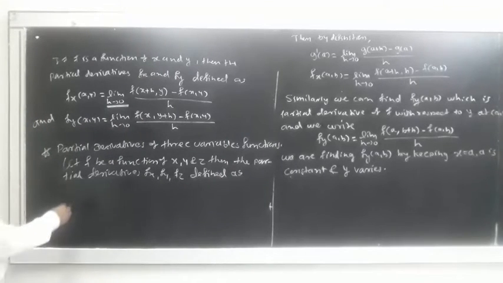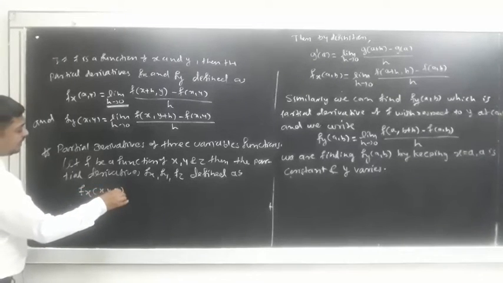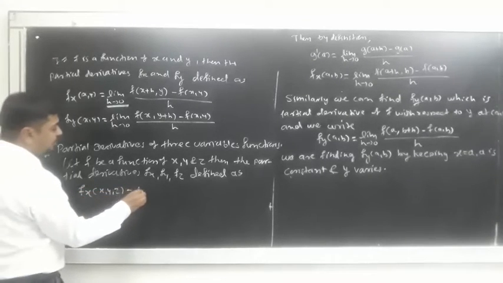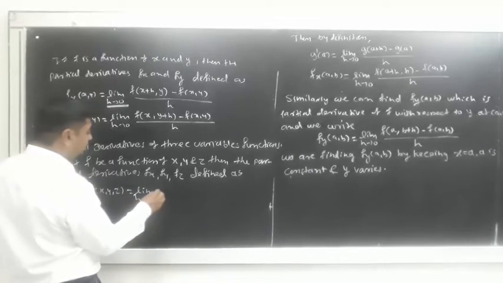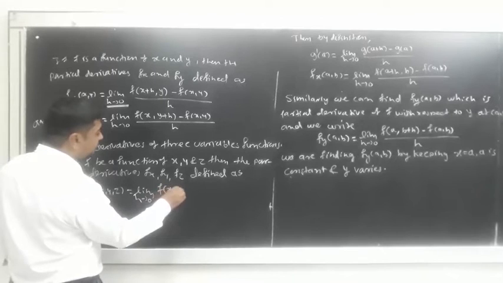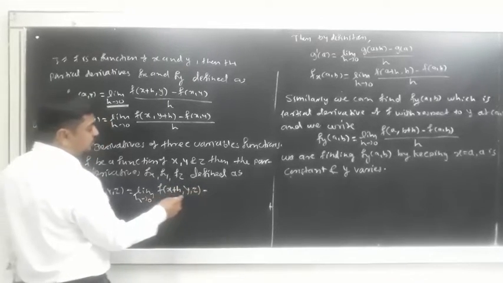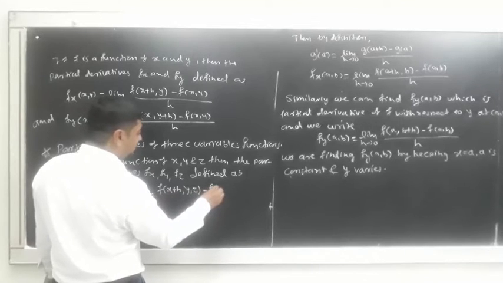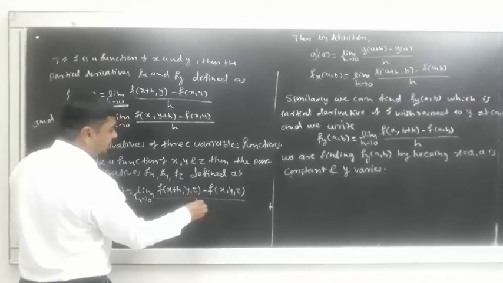How we define this? fx of x, y, z is the limit h tends to 0 of f of x plus h, keeping y and z constant, that is change in x only, minus f of x, y, z upon h.